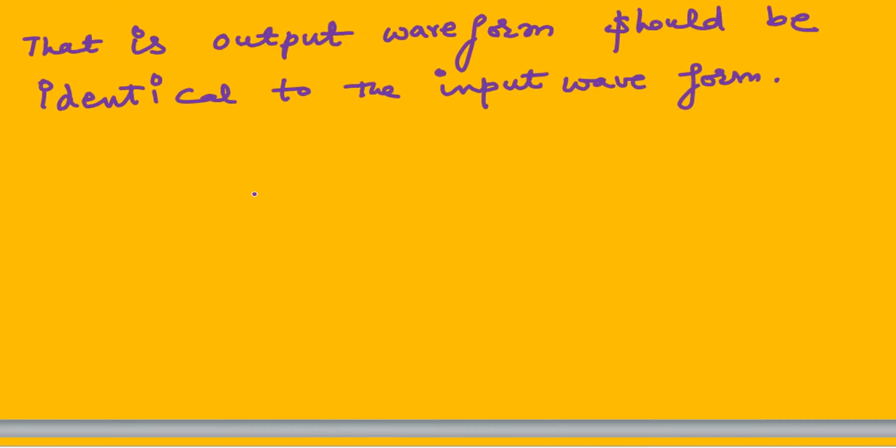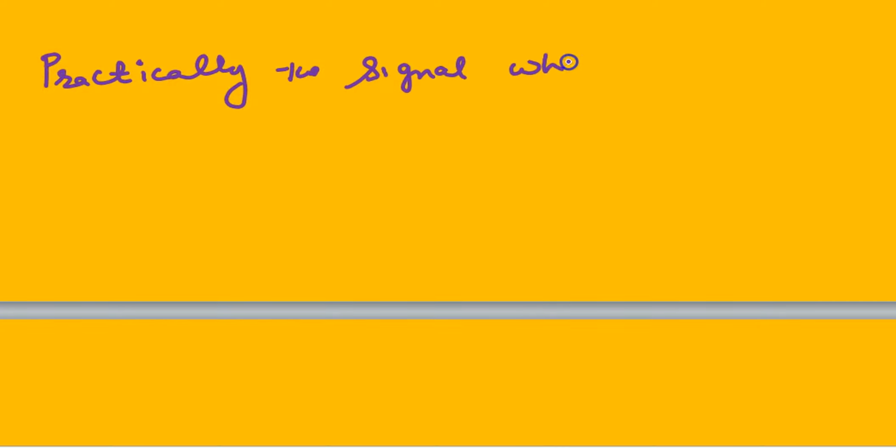And it will happen if the amplifier gives a constant gain to all the components of the input signal.